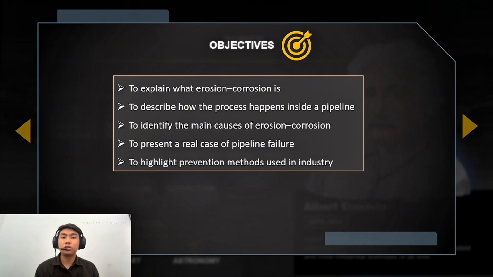The third objective is to identify the main causes that contribute to erosion corrosion. The fourth objective is to present a real case of pipeline failure to show how serious these problems can be. And finally, the last objective is to highlight the prevention methods that are commonly used in the industry to reduce the risk of erosion corrosion. So we continue to the next slide.